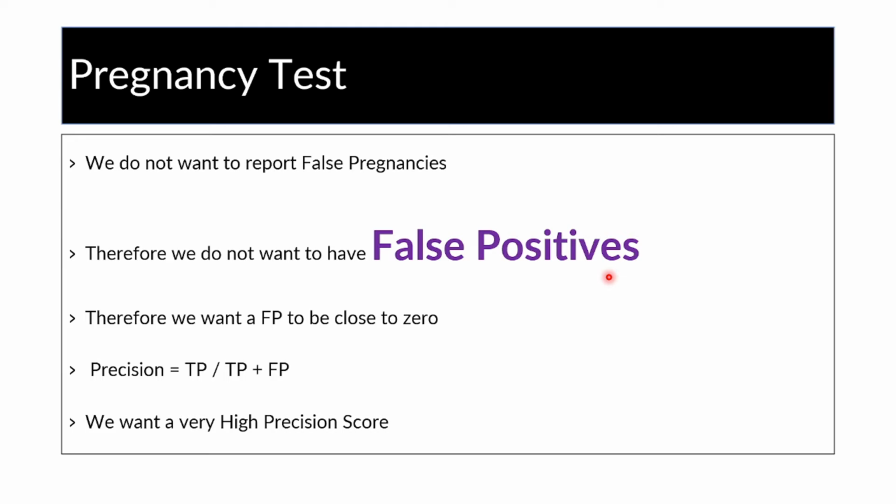In a pregnancy test, we do not want to report false pregnancies. Therefore, we do not want false positives, so we want FP to be close to 0. Here, precision is very important because precision is true positive divided by true positive plus false positive. We want a very high precision score.